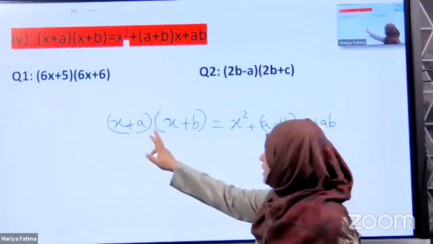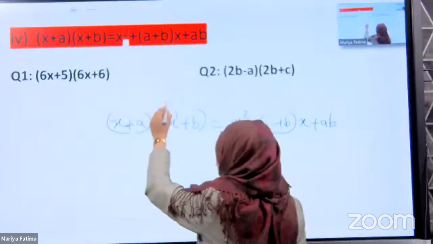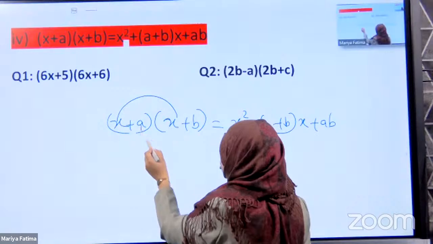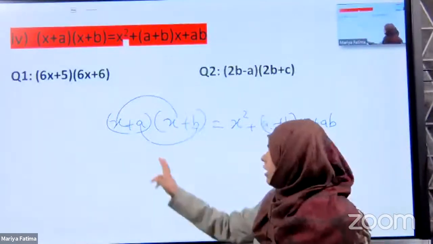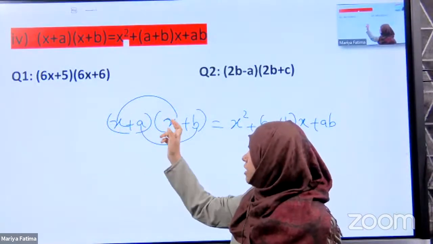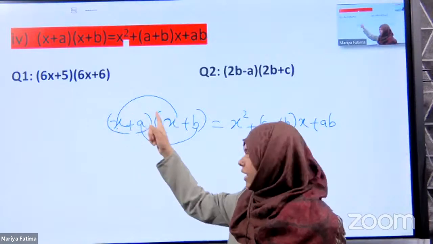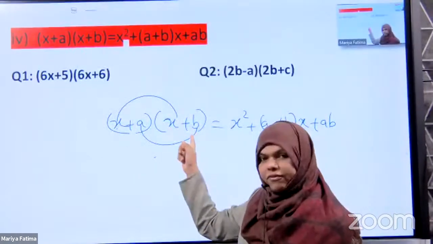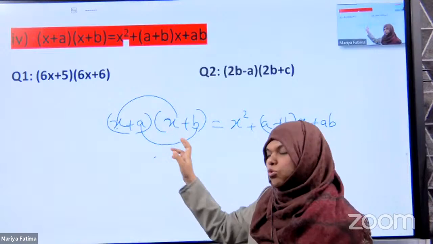So how to do this? These two terms should be equal and these two can be different. In that way we can use it.